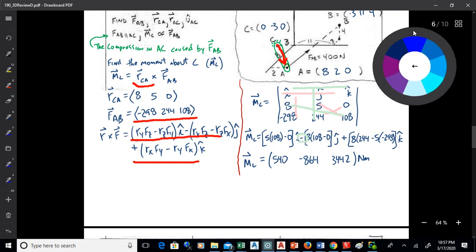And then you do the last little bit there. You take out the top row, take out the last column, cross what's left. So 8 times 244, looks like I'm missing a parenthesis there, minus 5 times negative 298. That's the k component, and there's the moment vector. Okay, so that's the moment about C.